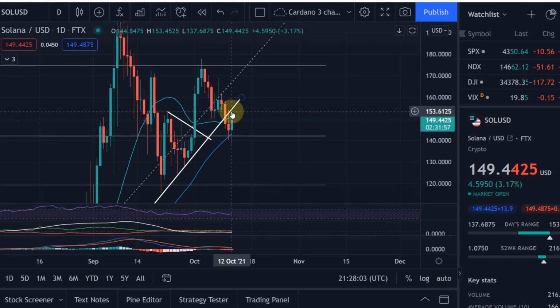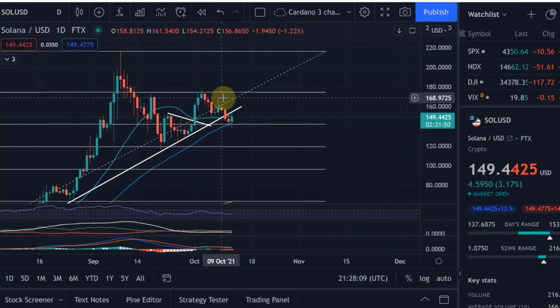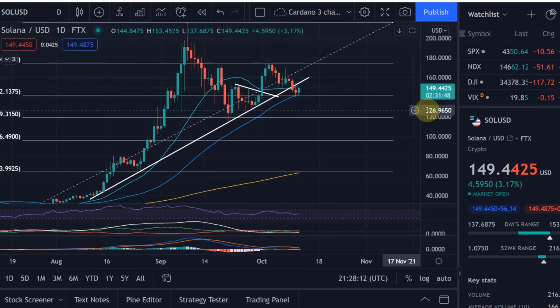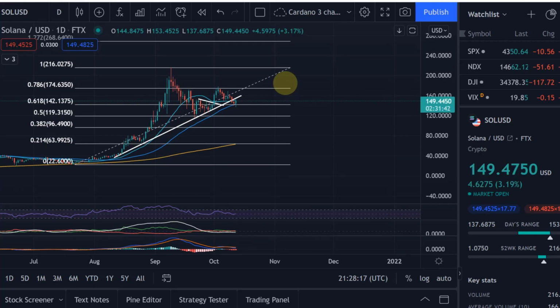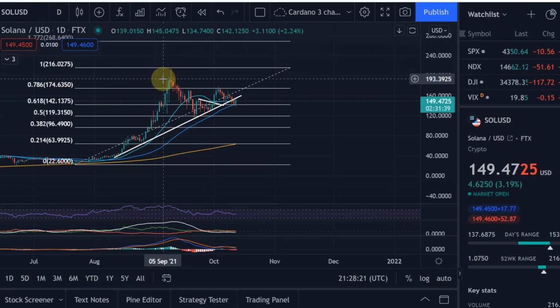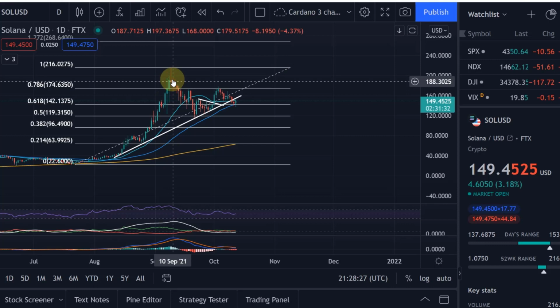What that certainly means is that the steep uptrend we had here seems to be over for now, because we can't get back above that trend line. And if you remember up here, I told you it's time to be careful with Solana.